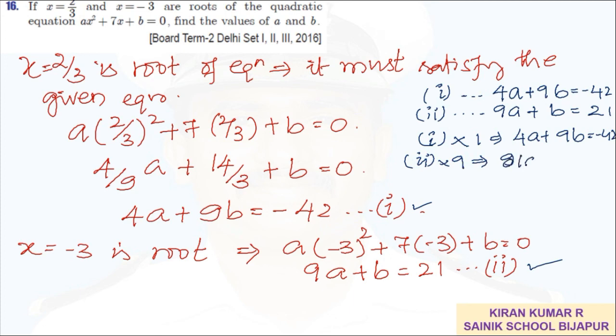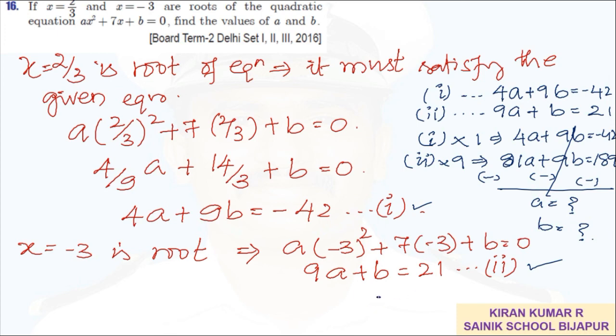This will be 81a plus 9b equal to 189. Now subtract, you will be getting b term cancelled, so a value we can find. Similarly, the value of b also can be found.